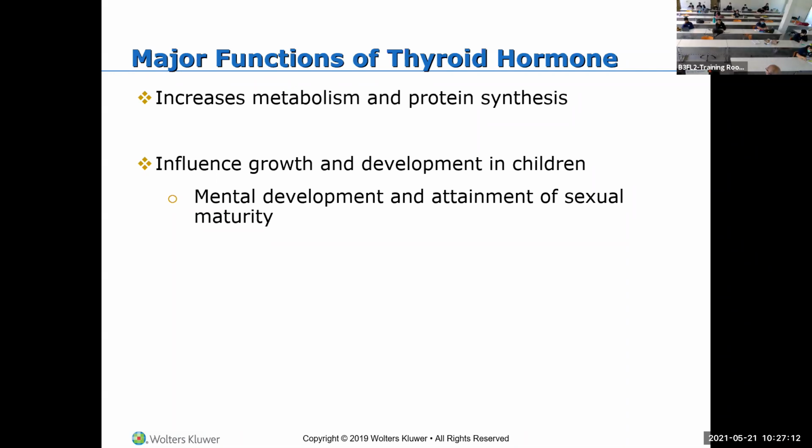We need the help of thyroid stimulating hormone. Thyroid stimulating hormone from the anterior pituitary is needed to stimulate the thyroid gland for the production of T3 and T4. T3 and T4, please.